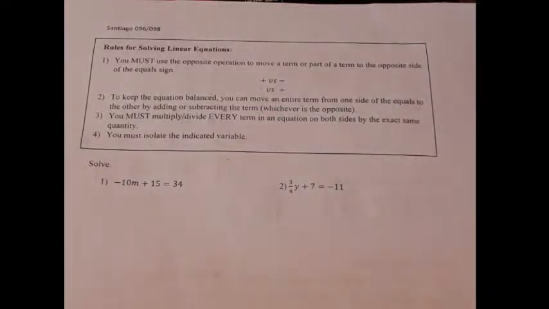Rule number 3. You must multiply or divide every term in an equation on both sides by the exact same quantity. This is really important. If you choose to multiply or divide by a quantity, you have to do that to every single term in the equation.